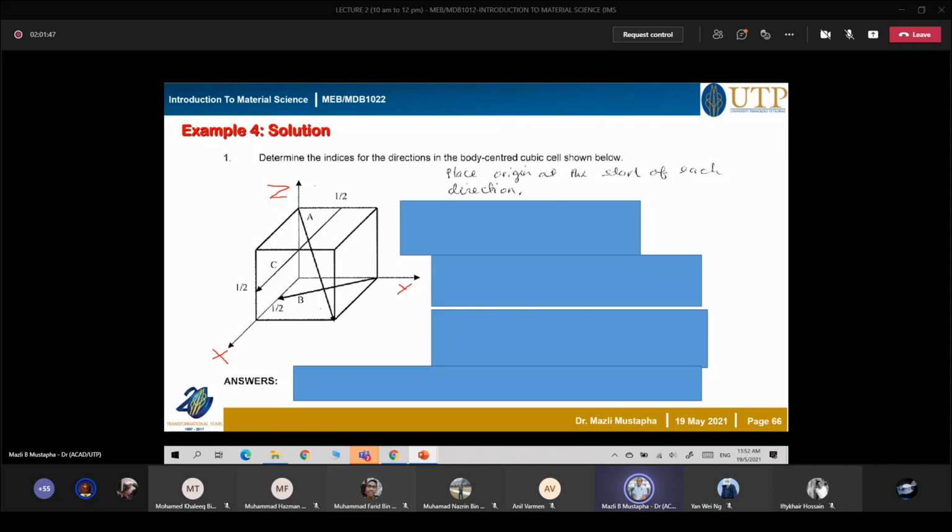So in order for you, you should use head, axis X, Y, Z, and then head, and then tail, head minus tail, and then you do your reduction, means that we don't want any fraction, and then your final answer.